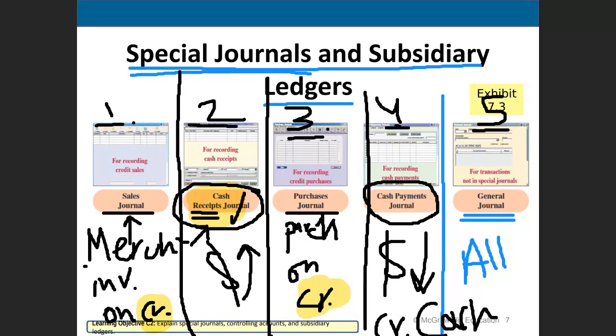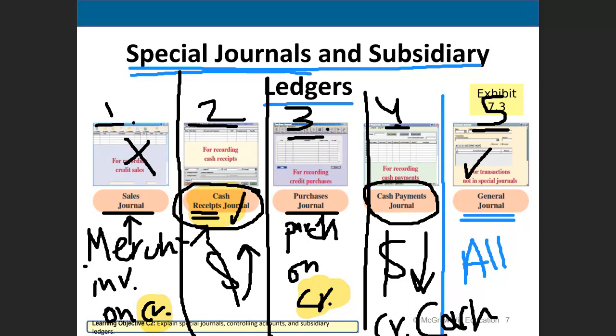Okay. Sales returns. We've sold an item, then the customer returned the product. So sales returns will not go to sales journal, it will go to the general journal.